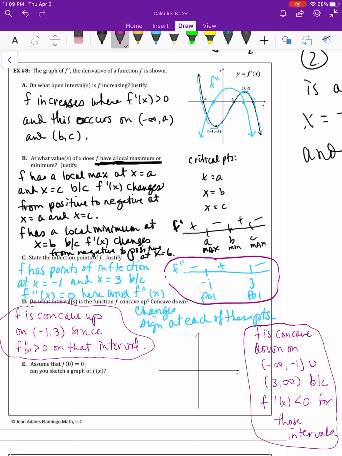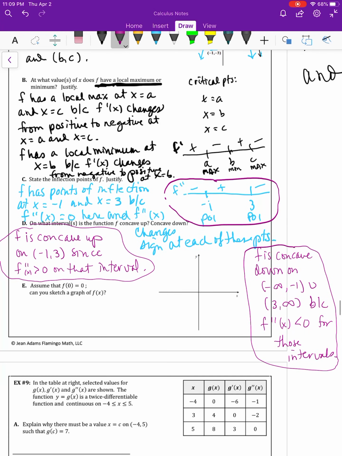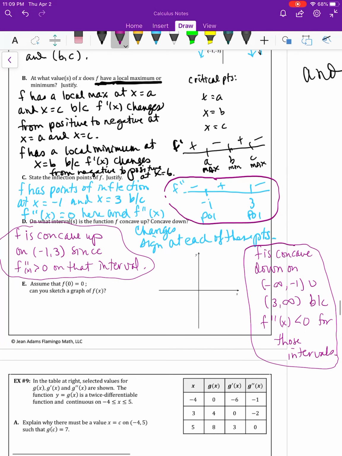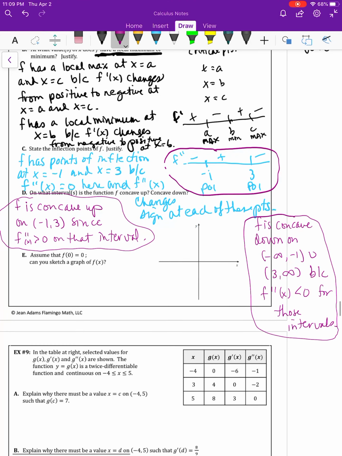It looks like it's a quartic function because if I started out with a quartic function, my first derivative would have been cubic and my second derivative would have been quadratic. So I do think it's going to be some sort of quartic function. I also know where it's concave up and concave down and where its points of inflection are.